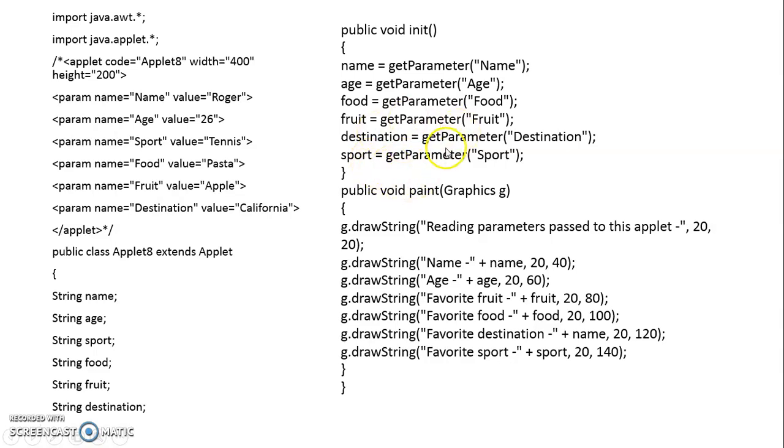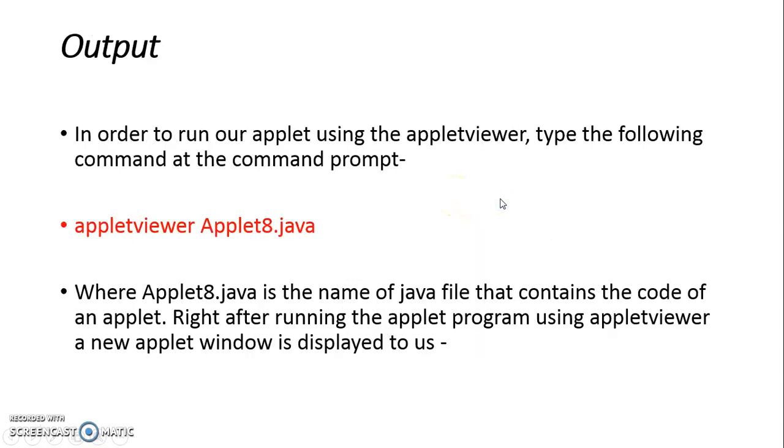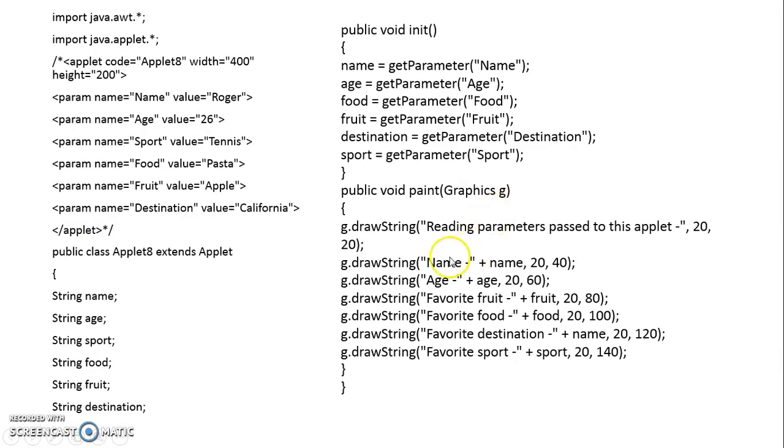Now to display the values, we are using the function drawString. Here paint is my method in which I am passing an object g. Next line, I am using the drawString function in which I will display the value of name, whatever name is stored, and this will be the location, that is at 20, 40, x and y axis.